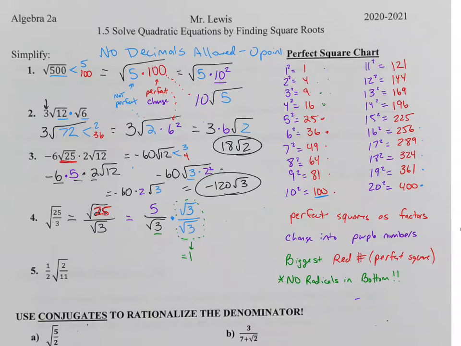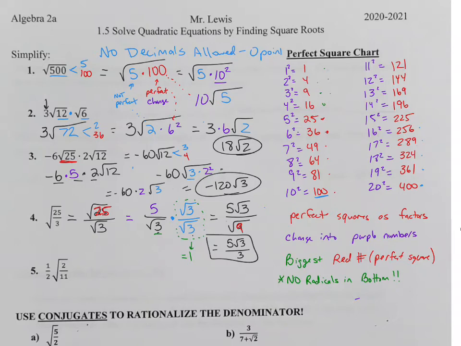So we should end up with 5 radical 3 all over the square root of 9, because 3 times 3 is 9. Look, 9 is on my list. Well, the square root of 9 is 3. So my final answer for this, believe it or not, is 5 radical 3 all over 3.